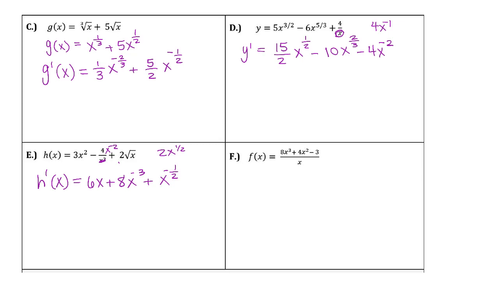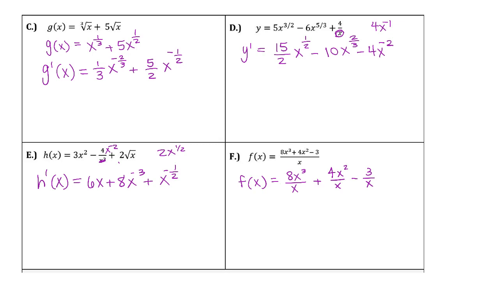Okay, so now for the next one, what we're going to do, and you can only do this when you have one term in the denominator, we're going to go through and divide up each term so that we have 8x cubed over x. And then I'm going to have plus 4x squared over x minus 3 over x. Now, only do this when there's one term in the denominator.